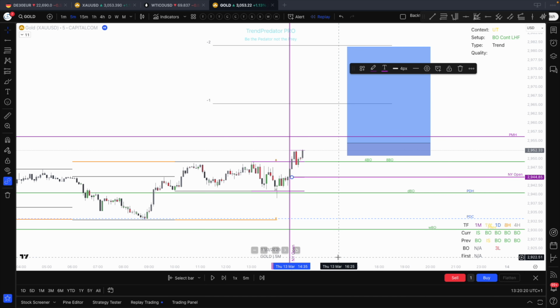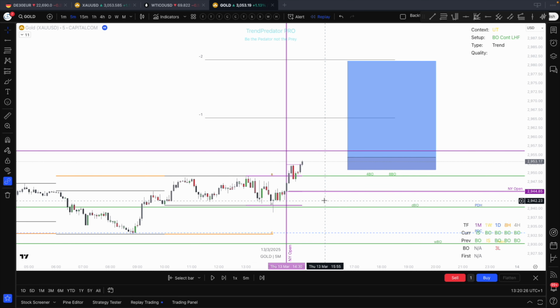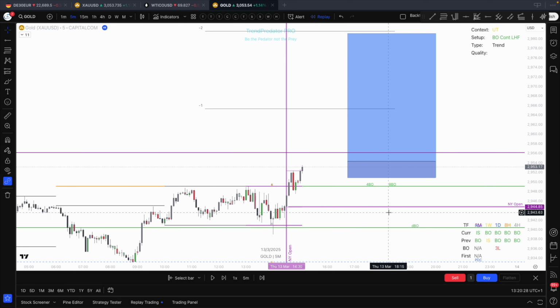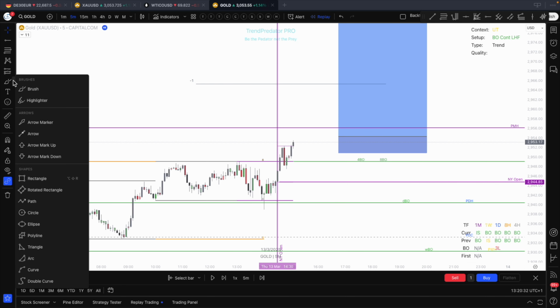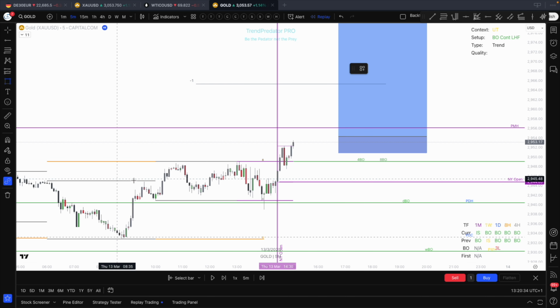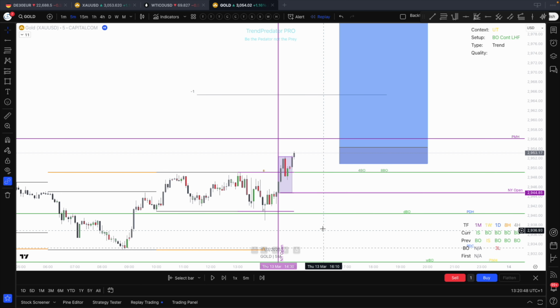So I wouldn't take any trade here typically, because there the open box prints, and you typically want to wait for the open box to close. I will show you the open box, how I look at that typically. So this is the open box, exactly like this. So this is what you want to wait to be broken out.